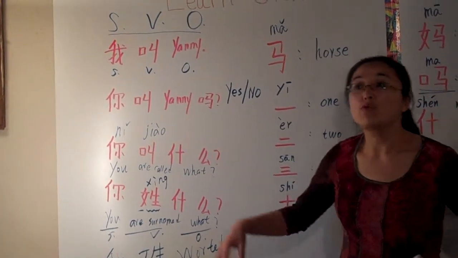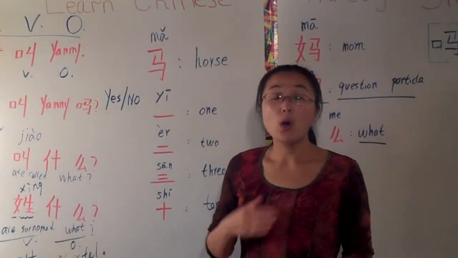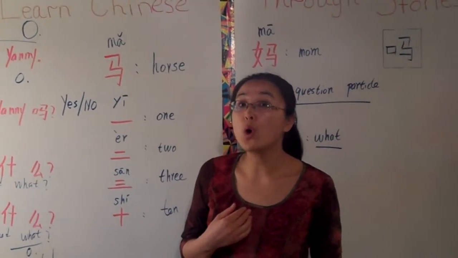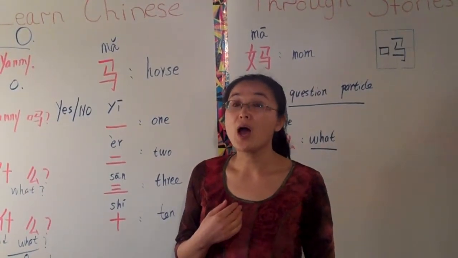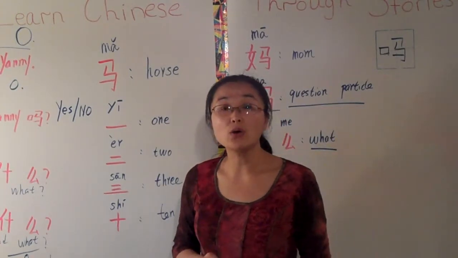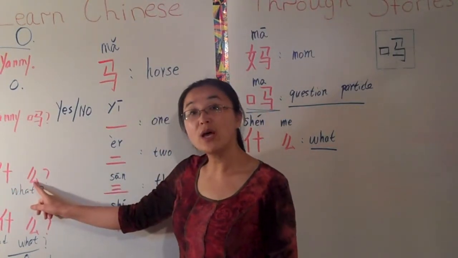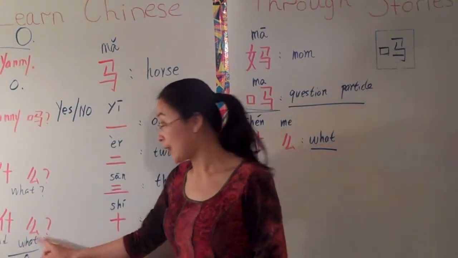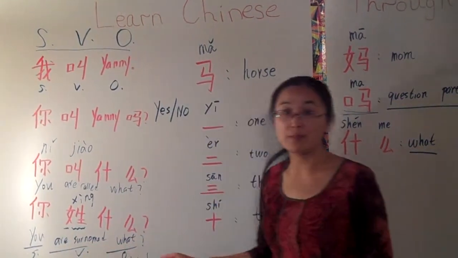Okay, let's wrap up everything we learned together. 你好，我叫 Yanni. 我姓 Walter. Hello, I'm Yanni. My surname is Walter. 你叫什么? What are you called? 你姓什么? What are you surnamed?